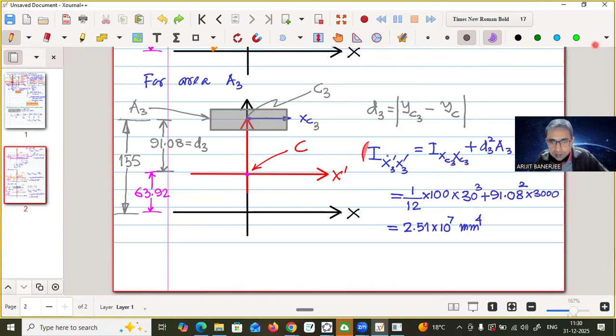You see that this is the moment of inertia about the red axis passing through this point. And this is the moment of inertia about the blue axis, this one.